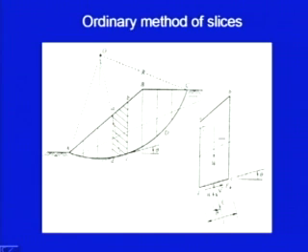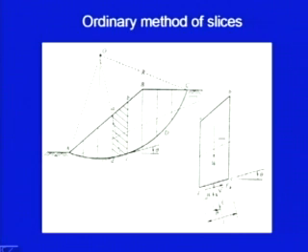This is the slice shown individually. The base of the slice is a circular arc, but we have taken it to be a straight line. So, it is not going to make much difference.